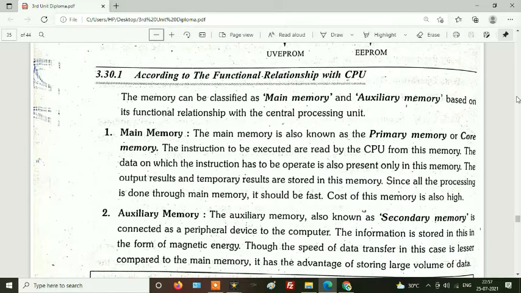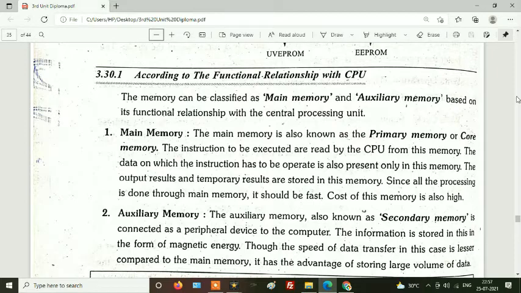Whenever the central processing unit does any operation, the fetching of the data, the fetching of the code, that is the instructions, and after performing arithmetic and logical operations, we get the output result, or in between processing we may get temporary results.